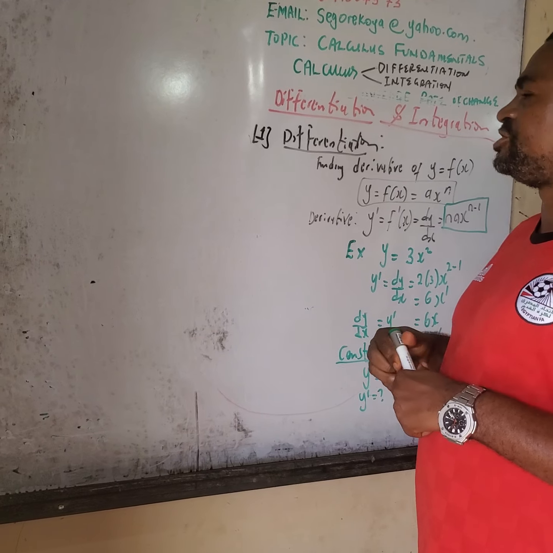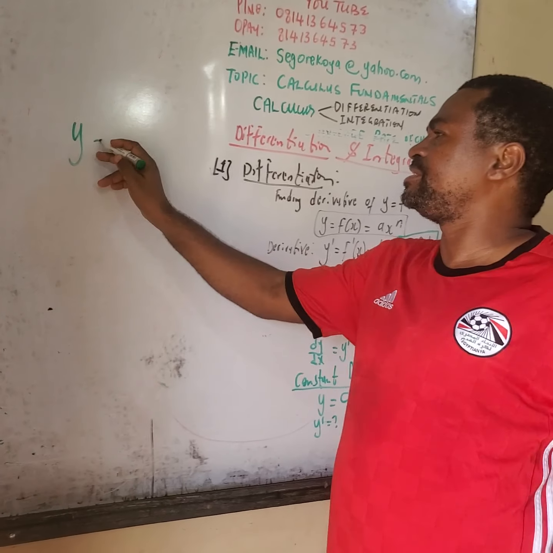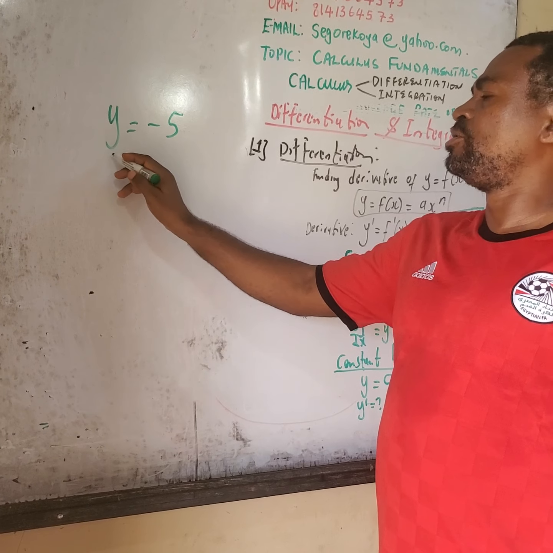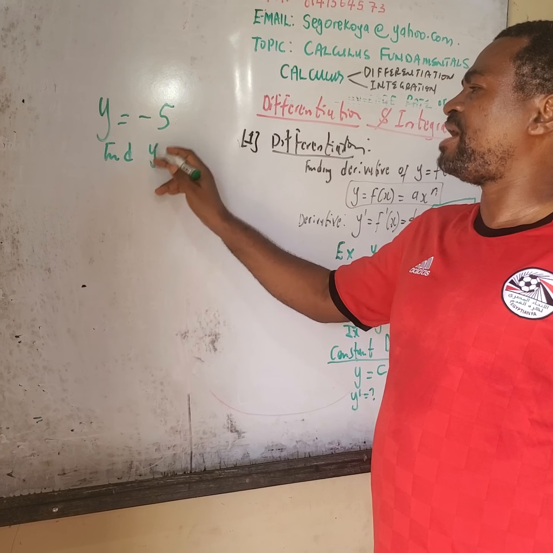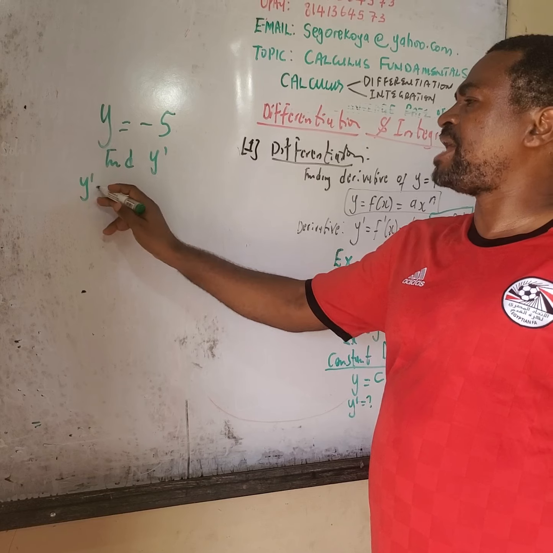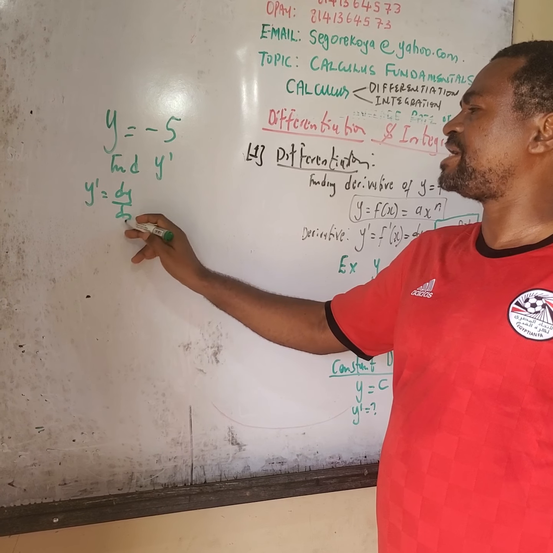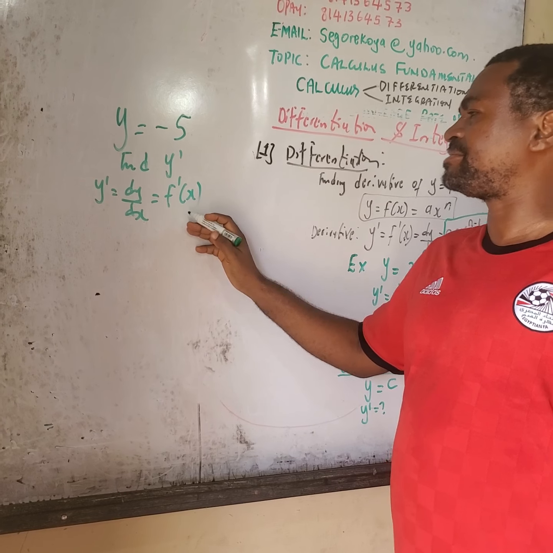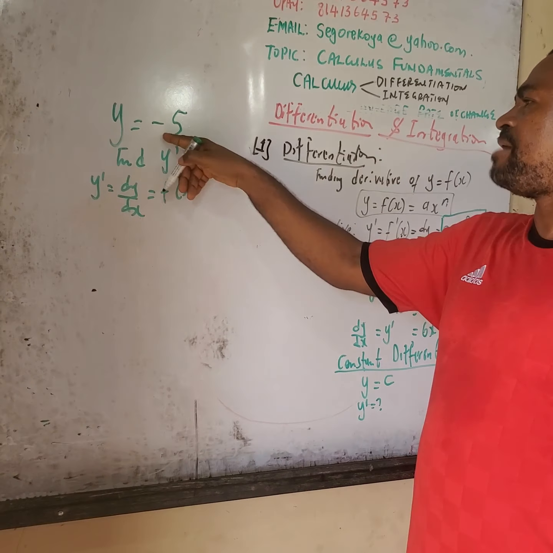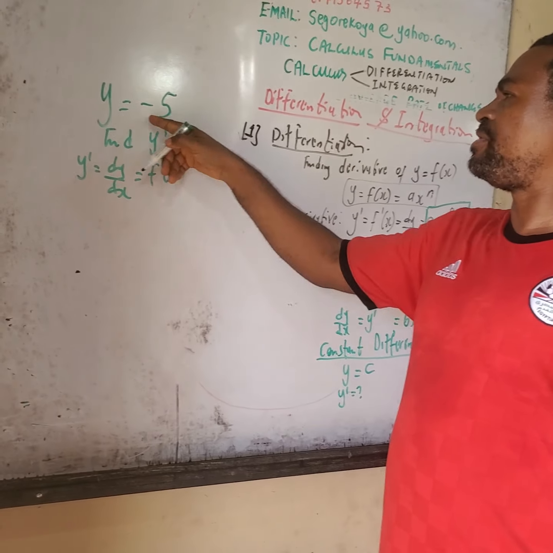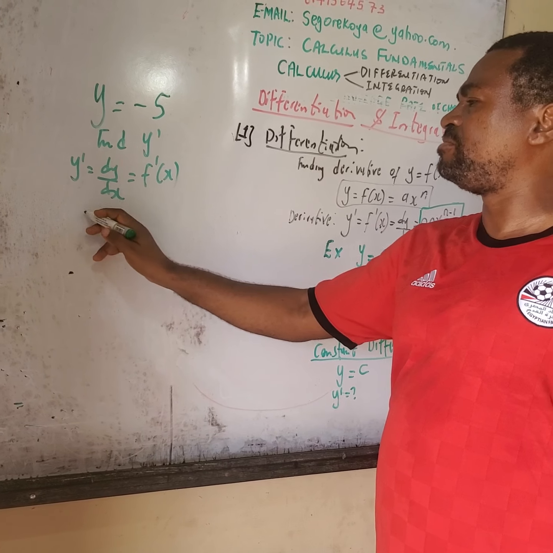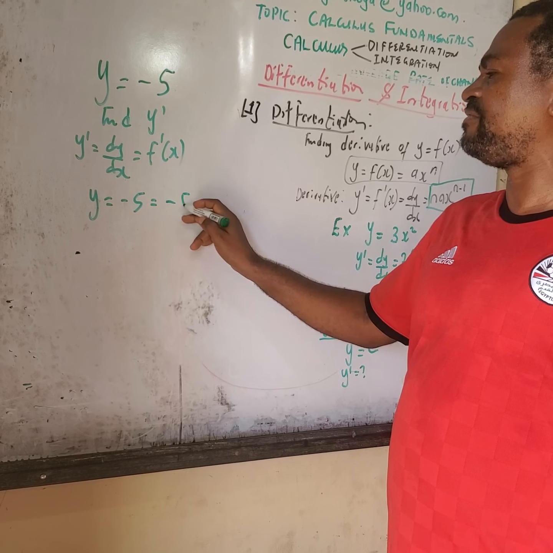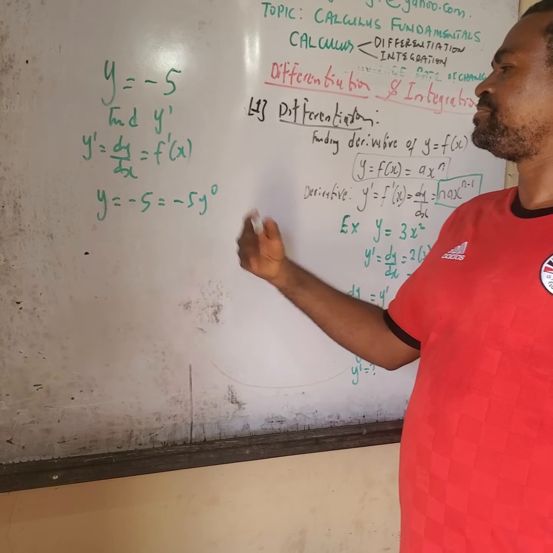Let's say we have a function y is equal to minus 5. To find the derivative y prime simply means dy/dx, and it's the same thing as f prime of x. Now, from this y is equal to minus 5, we can rewrite this minus 5 as minus 5 x raised to power 0.